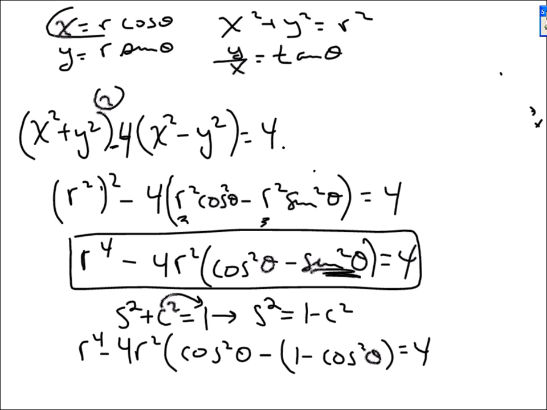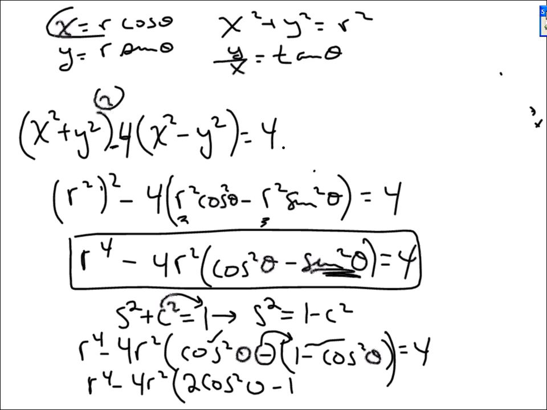This is 4. Okay, but if you have cosine squared theta and you take away negative cosine squared theta, you get 2 cosine squared thetas. So it's r to the 4th minus 4r squared times 2 cosine squared theta minus 1. This is equal to 4. There's a nice answer.